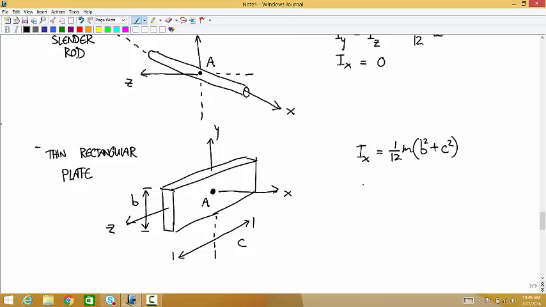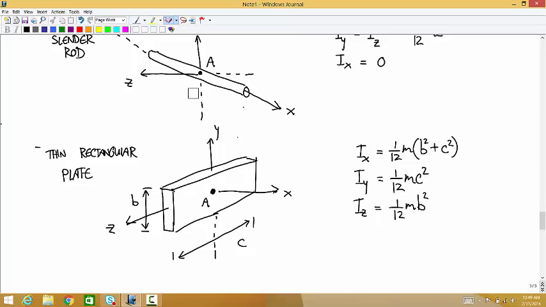About the y-axis is 1/12 mass times c squared. And about the z-axis is 1/12 mass times b squared.